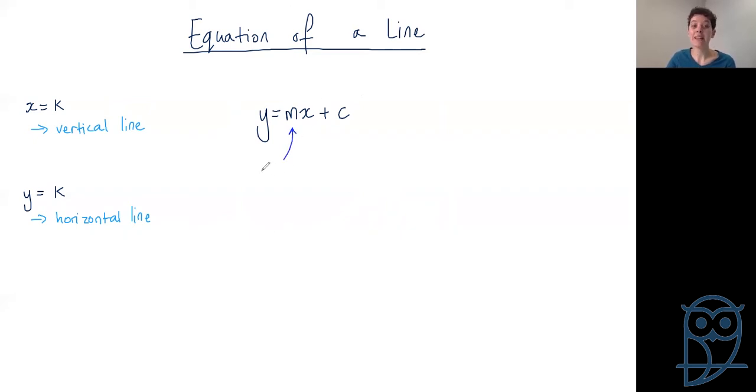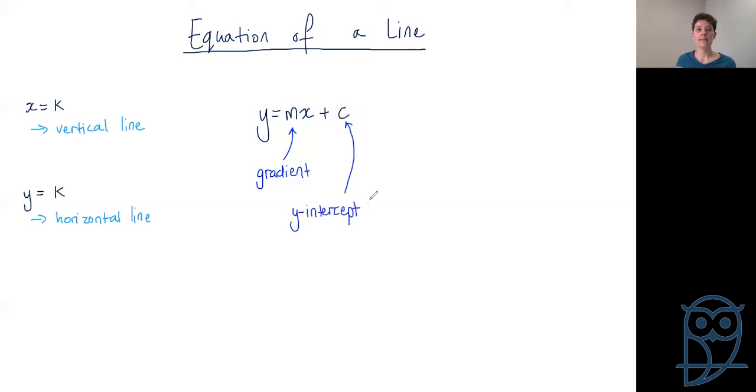So little m here is our gradient. Okay, note that you've only got 3 terms here. You've got y on its own. You've got something times x, and you've got c. So you have to be in that format before you can read this information out. So you have m is the gradient, and c is a constant. It is our y-intercept.